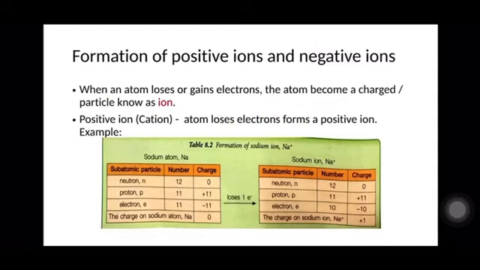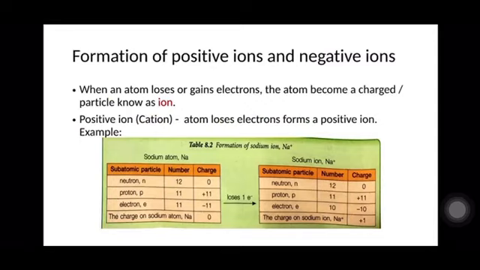Apabila atom loses or gains electron, atom akan jadi charge particle, yang mana kita panggil dia ion. Okay, so apa beza ion dengan atom ni? Ion ini dia adalah charge particle. Okay, partikel yang sudah bercharge. Partikel yang neutral kita panggil atom. Tapi partikel yang bercharge kita panggil dia ion.